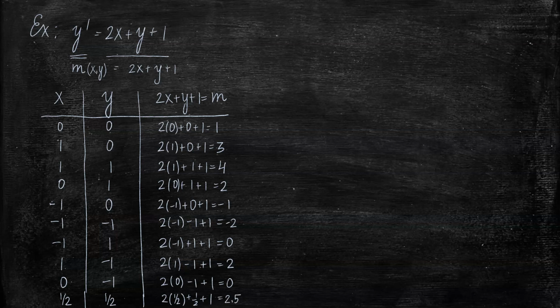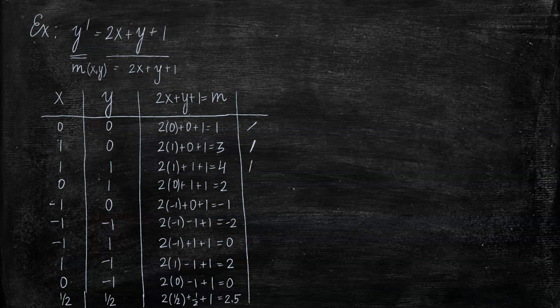Now, what can we do with this? Well, we can recall the geometric meaning of the derivative or the slope, and we can imagine the slope of the tangent line at all of these points. So at 0, 0, the slope will look like this. At 1, 0, the slope will be 3, so it's going to be steep.